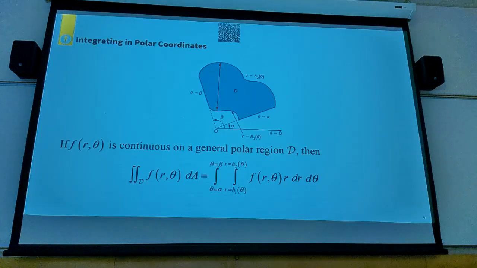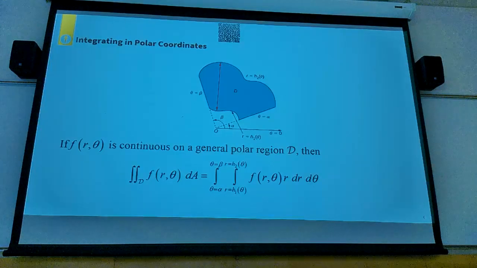So what do you think the most common mistake is when switching to polar? Forgetting that r. Smart. Immediately writing it down. Do not forget the r.